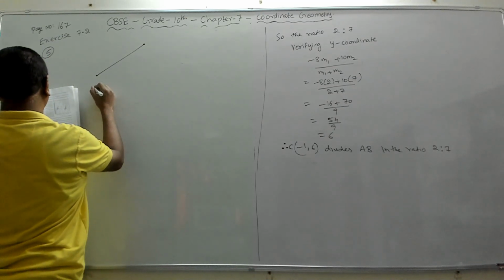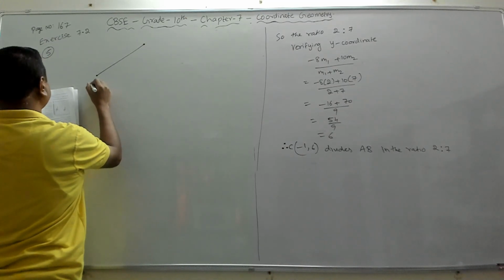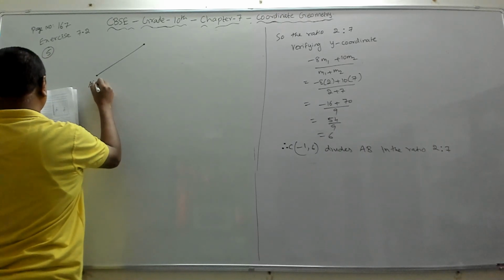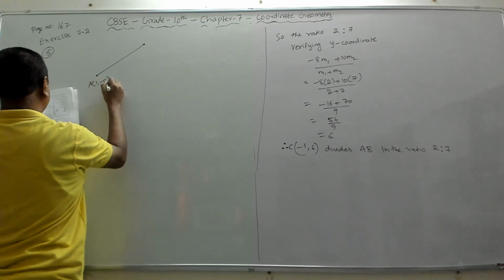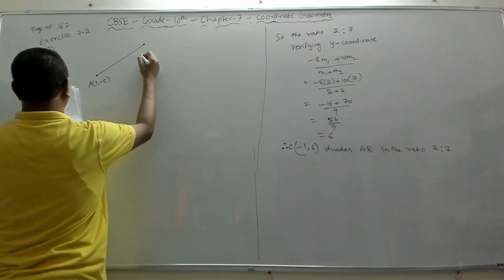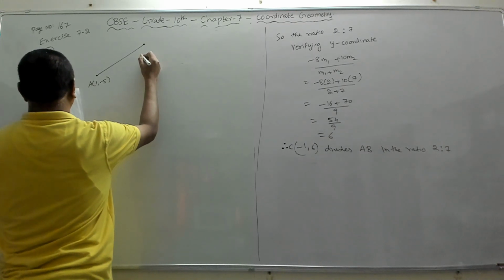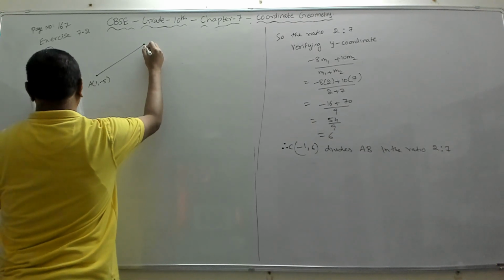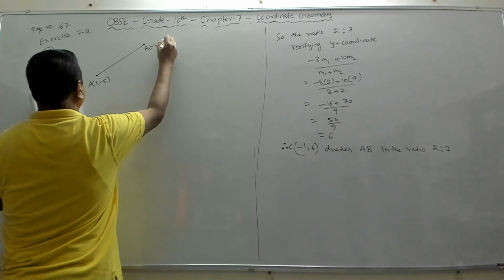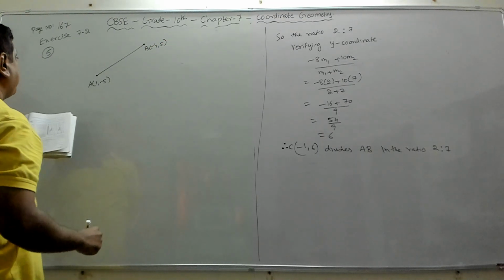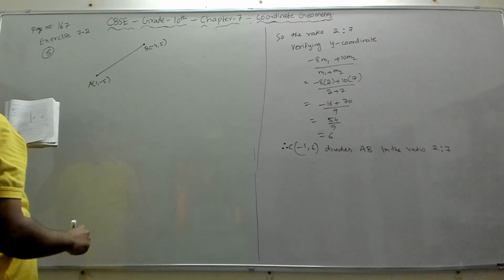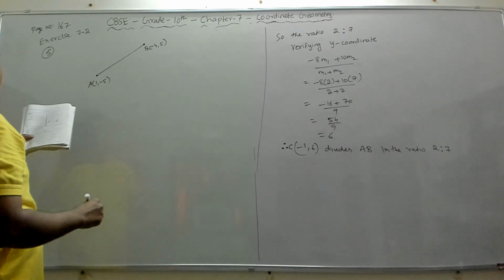Suppose this is your A of 1 comma minus 5 and B of minus 4 comma 5, which is divided by the x-axis.